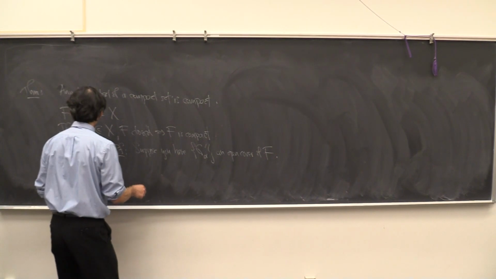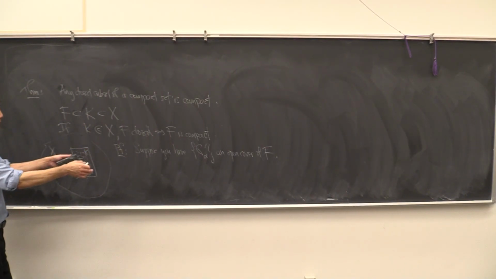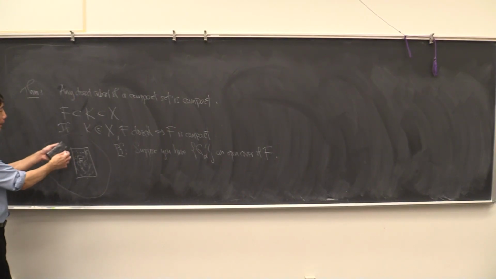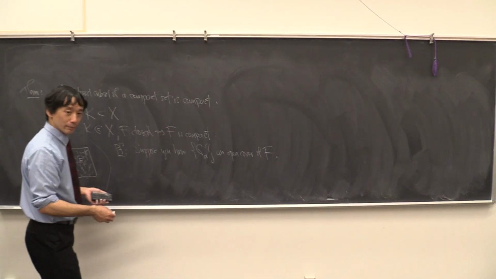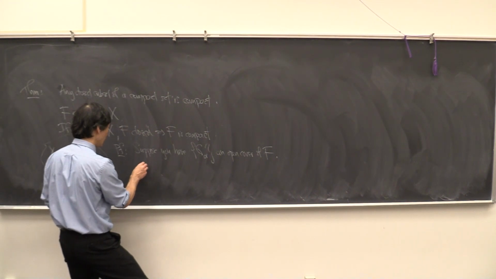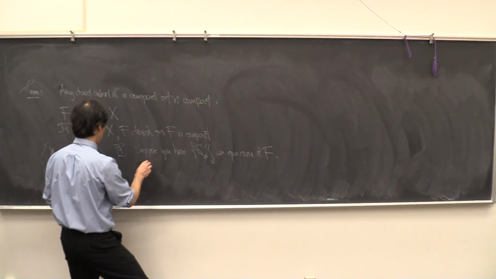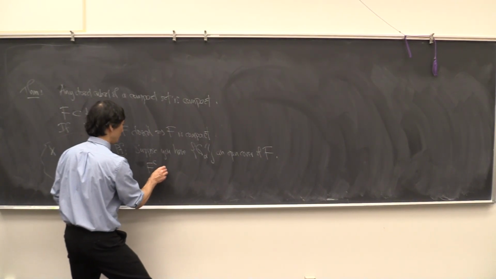So we'll extend, throw in one more set, and that will give us an open cover of K, and then we can go from there. Okay. So, if we consider F complement, it is open.